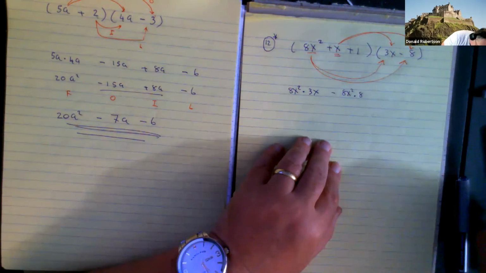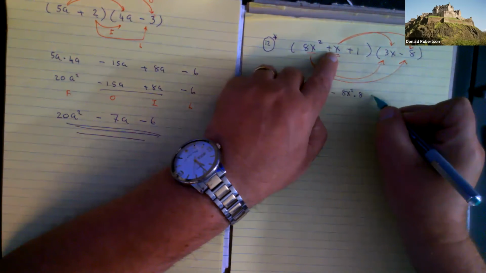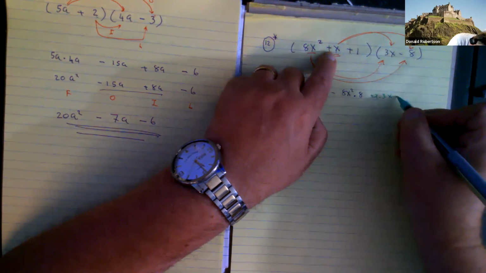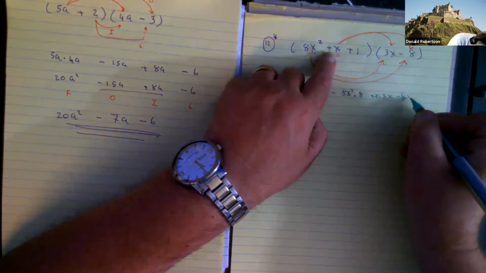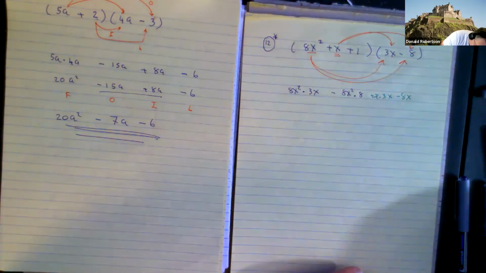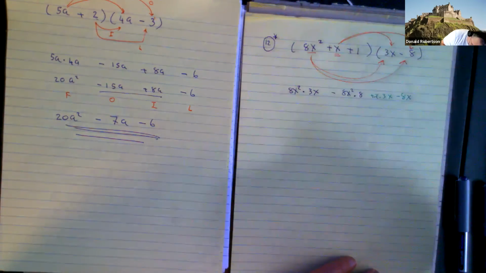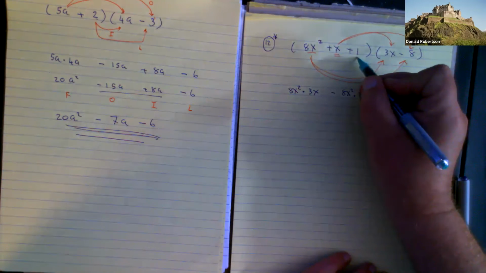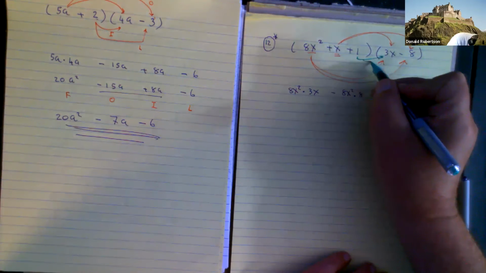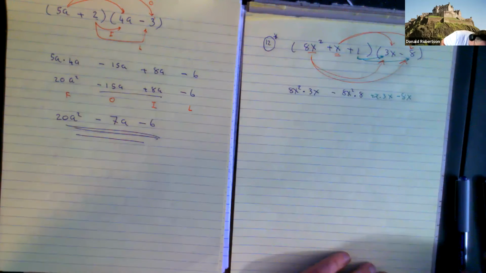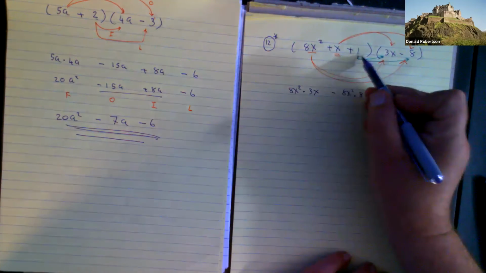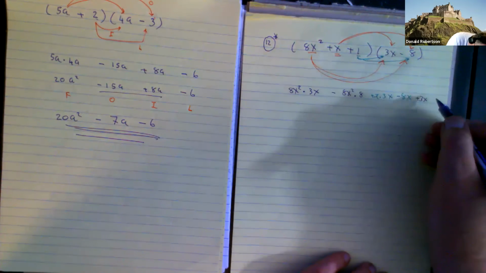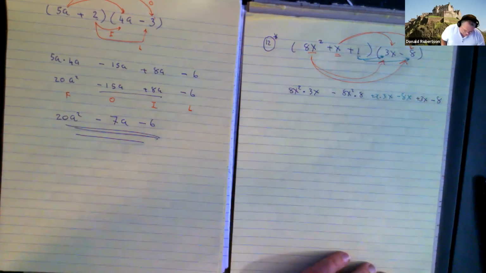And so what we're going to get this time is an x times a 3x, and then x times negative 8, which I'm just going to call negative 8x. And then you think we're finished, but we're not quite, because what we're now going to do is this guy times these two. And what that gives us is 1 times 3x, which I'm just going to call 3x, and 1 times negative 8, I'm going to call negative 8.